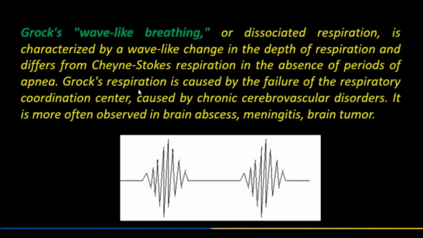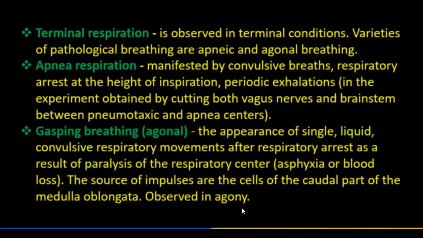Grocco's respiration is caused by the failure of the respiratory coordination center, caused by chronic cerebrovascular disorders. It is more often observed in brain abscess, meningitis, and brain tumor, for example.